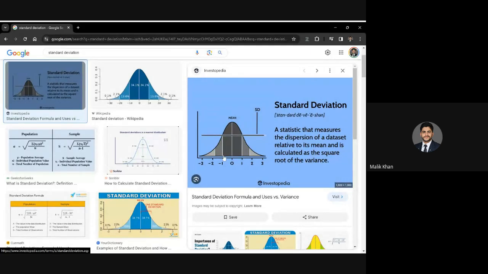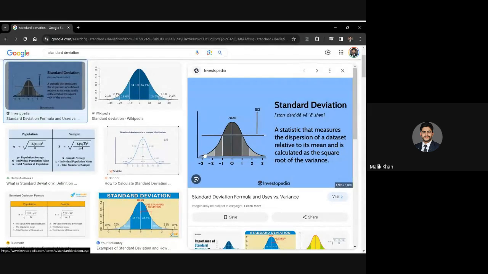It means that 68% of the people in the population will have an age between 40 and 60, and 95% of the people will have an age between 30 and 70. 50 plus 10, one standard deviation, plus 10, two standard deviations, 30 and 70. And 99% of the population will have an age between 20 and 80, right? 50 plus 30, 50 minus 30 is 20, and 80, right?